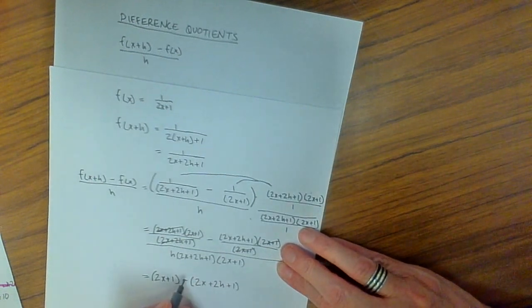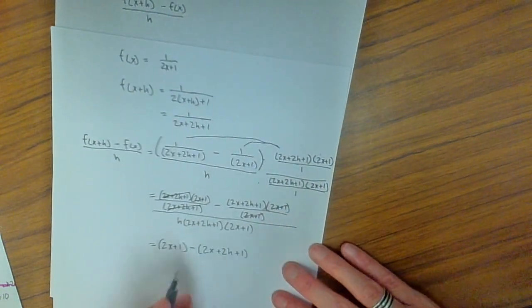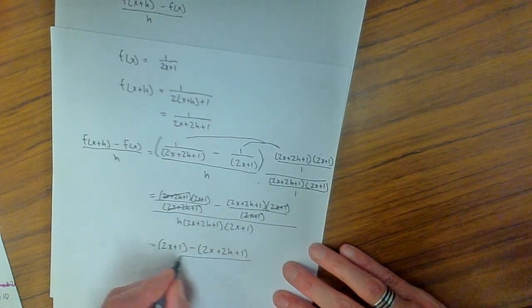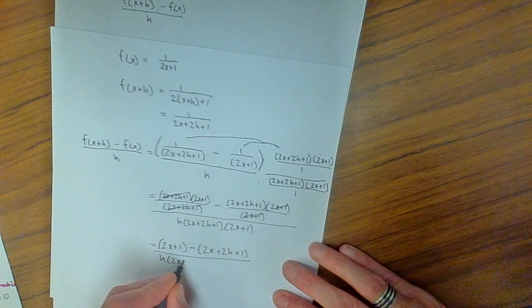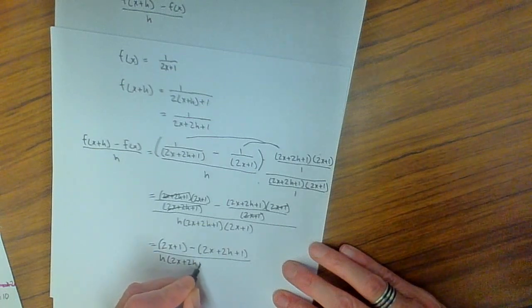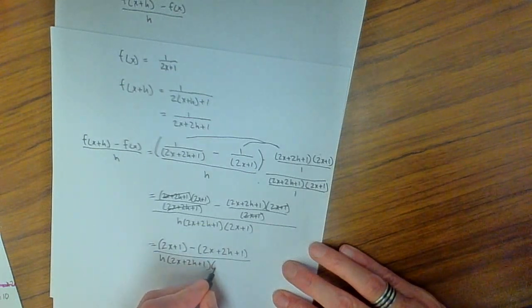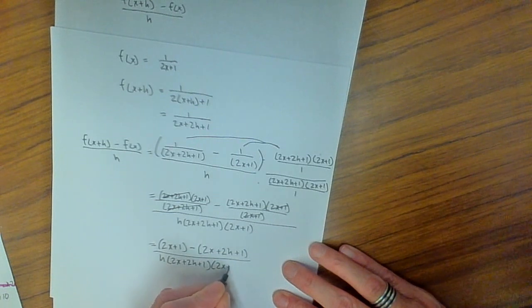Be sure to write parentheses because otherwise you'll forget to distribute the negative. Over the whole thing, h times 2x plus 2h plus 1 times 2x plus 1.